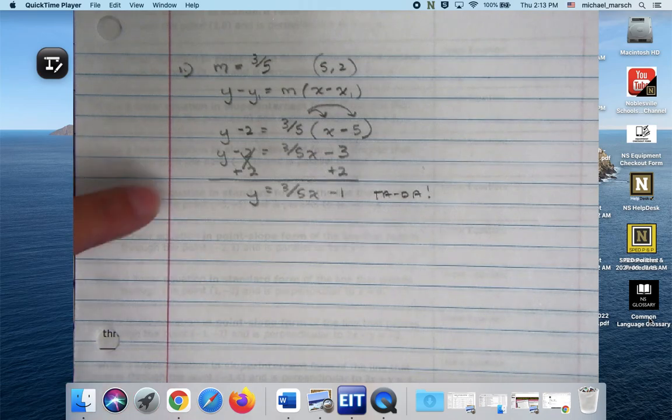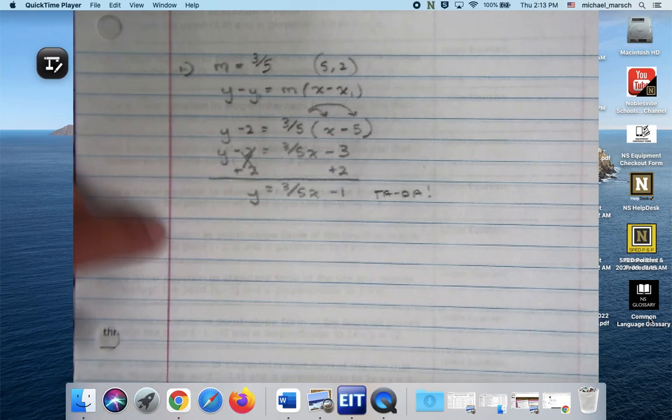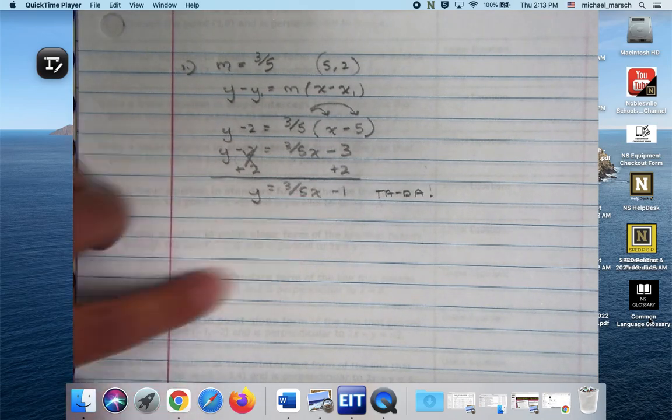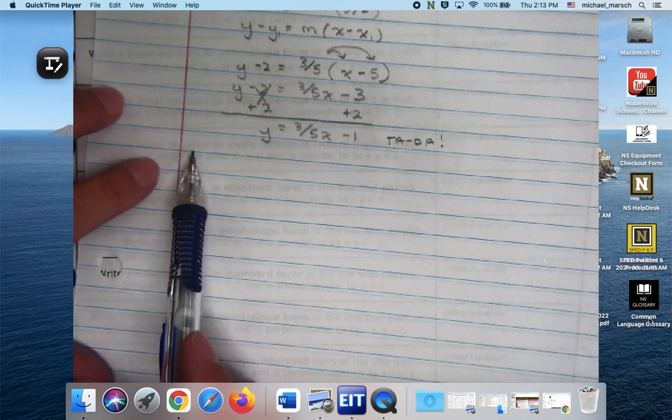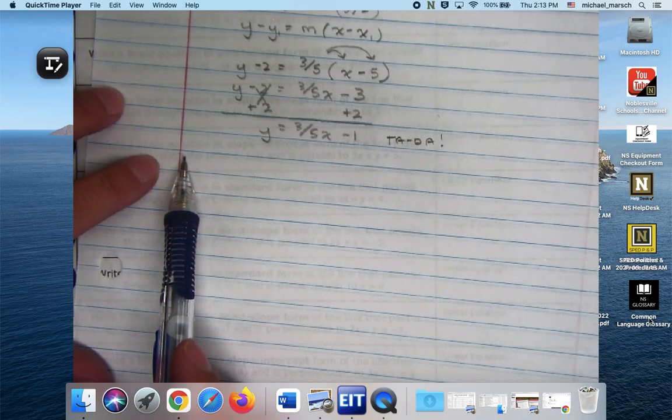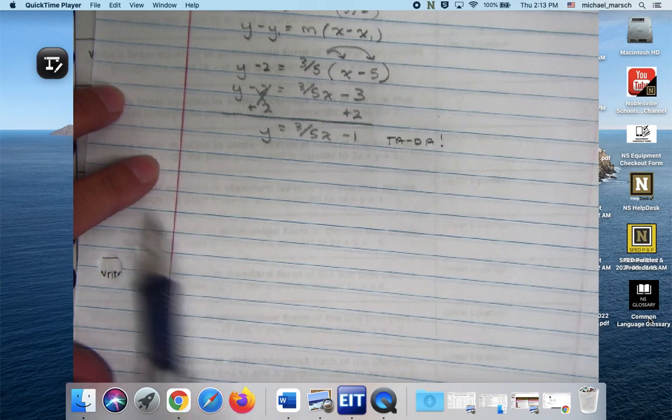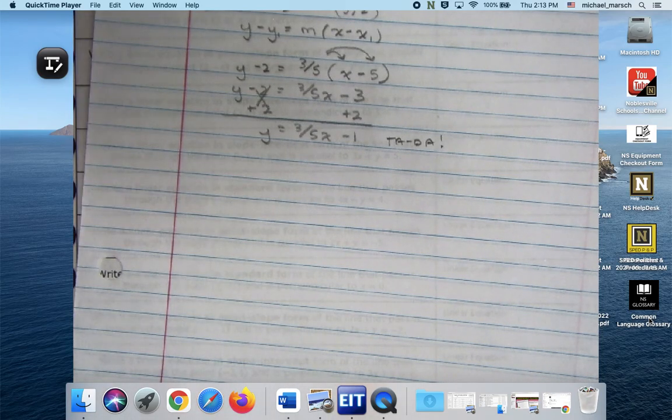There's only a couple other things we would have had to do. What would we have done to take this to standard form? Jackson? Subtract 3/5 x over here, and then we would have to multiply it by negative 5 to clear the fraction, because that's the denominator, right?